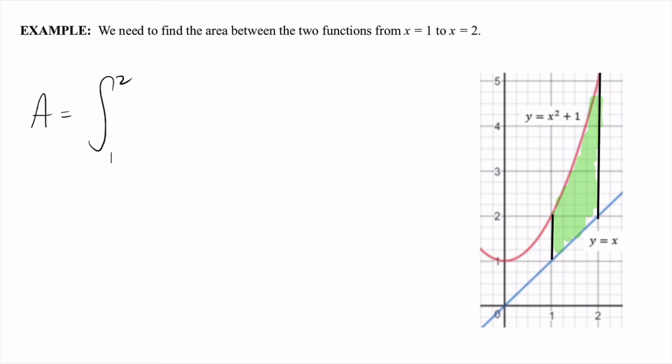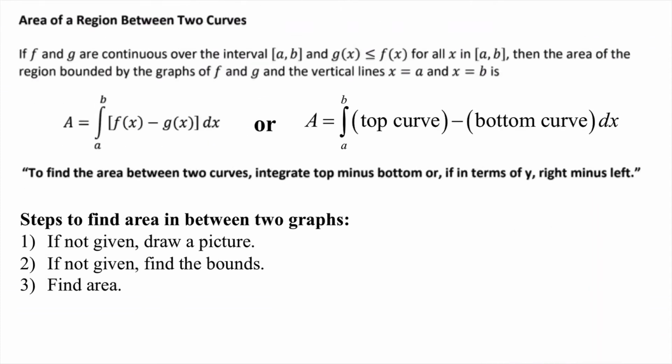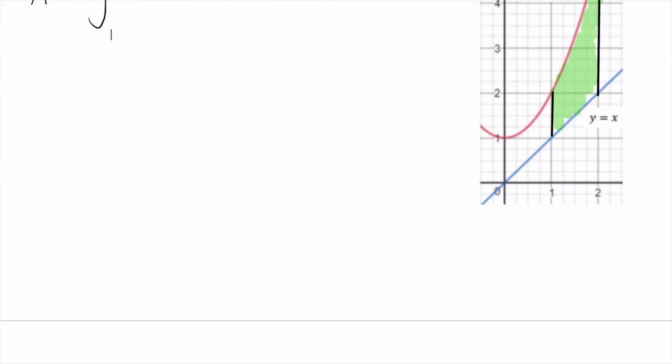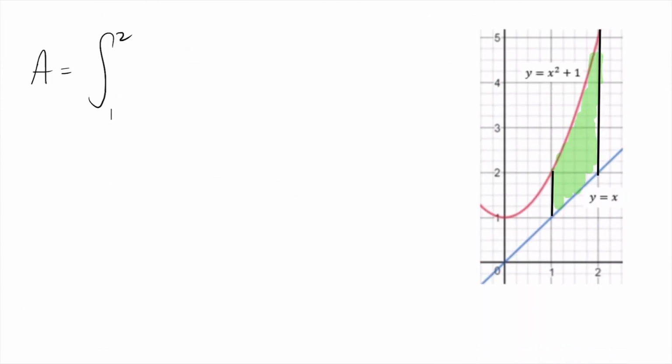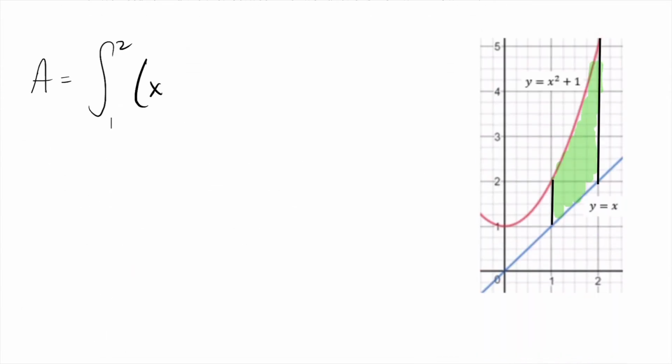Now the top function. Top function is extremely easy because they have a picture in front of you. We know the top curve is x squared plus 1. So we're going to say x squared plus 1 minus the bottom, which is x, dx, because it's with respect to x.